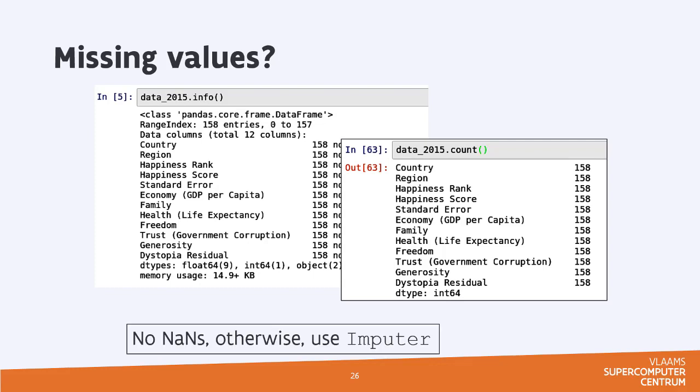Of course, if there would be missing data, there are several ways of dealing with that. For instance, you could just leave out a country for which some data is not available. That would be the simplest approach. Another thing you can do is use an imputer, which basically will replace not a number, so basically missing values, by some value, which can be, for instance, 0, which may or may not make sense.